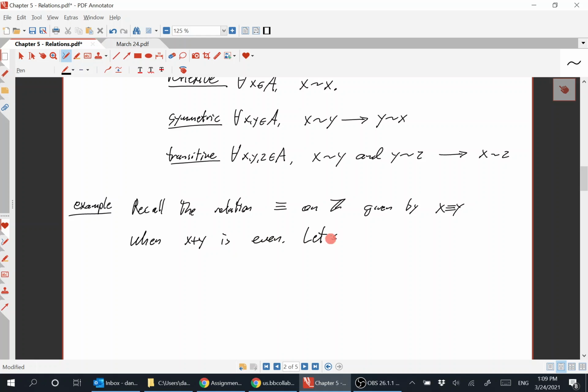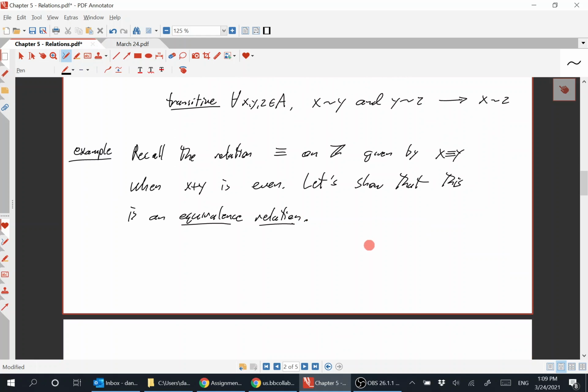Let's show that this is an equivalence relation. First we have to show that it is reflexive.